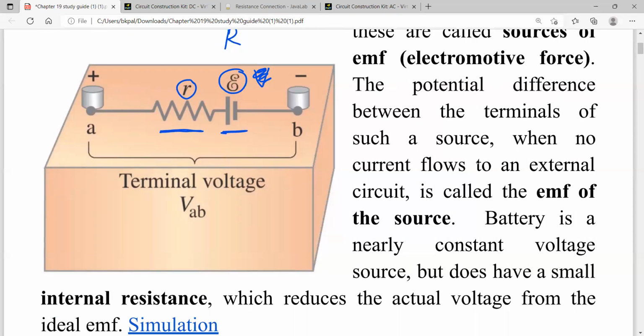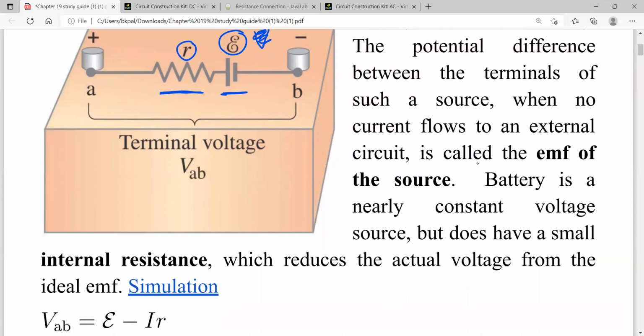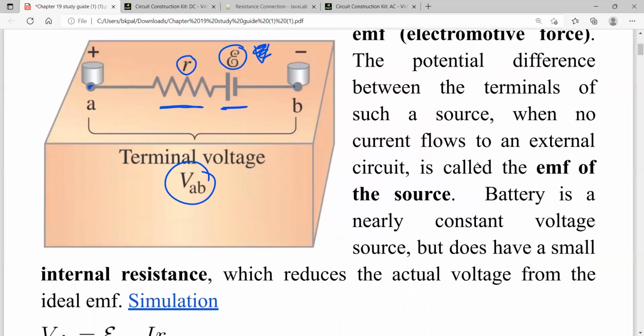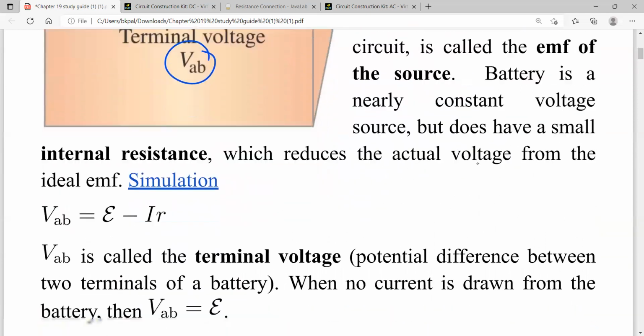This is the potential difference when it is not connected to any external circuit. Now what is the relationship between curly E and R and the potential difference between this point and this point? If the potential difference between this point and this point is VAB, the relationship between VAB, curly E and R is this.